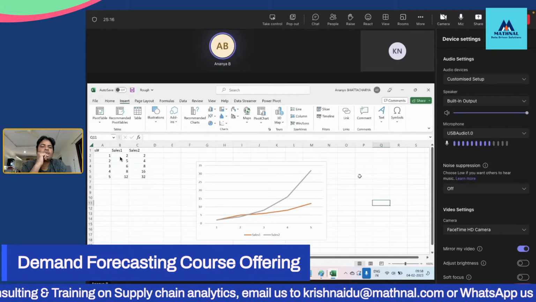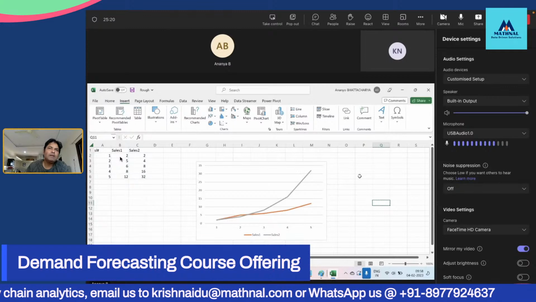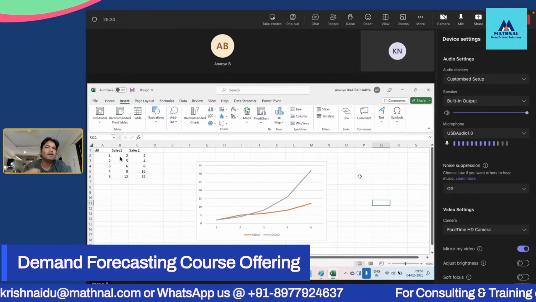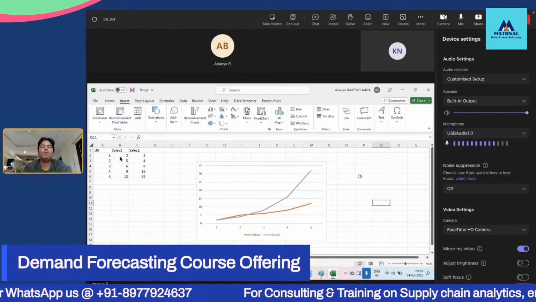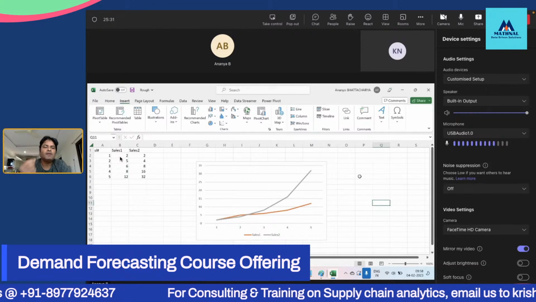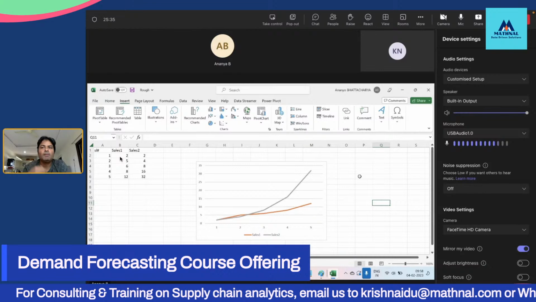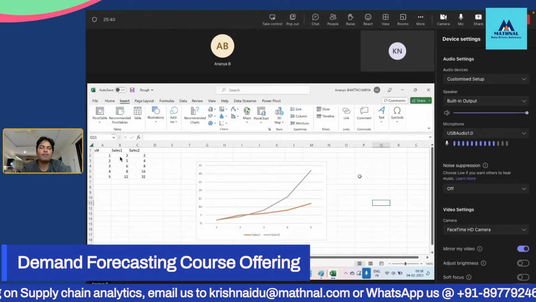So suppose something is rising in a multiplicative form, and something is rising in an additive form. Something is falling in a multiplicative form, and something is falling in an additive form. There are two things that can happen in a trend.